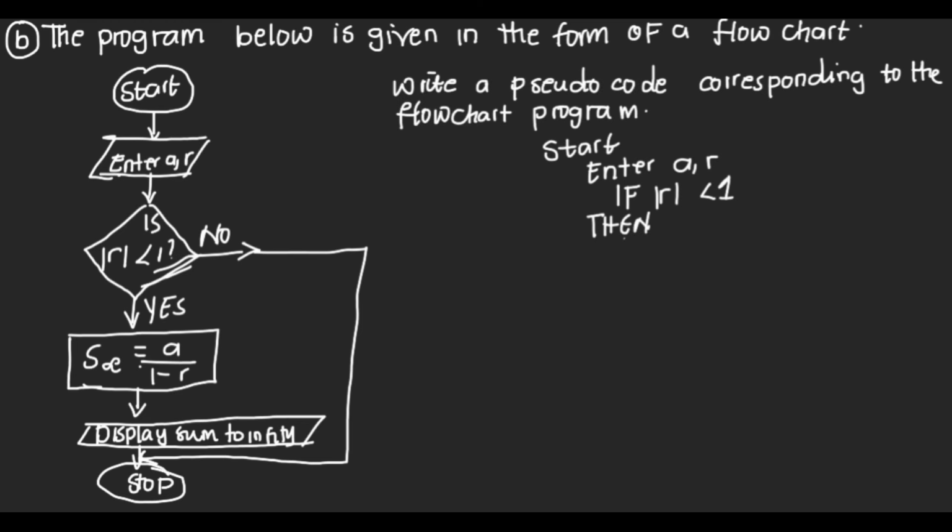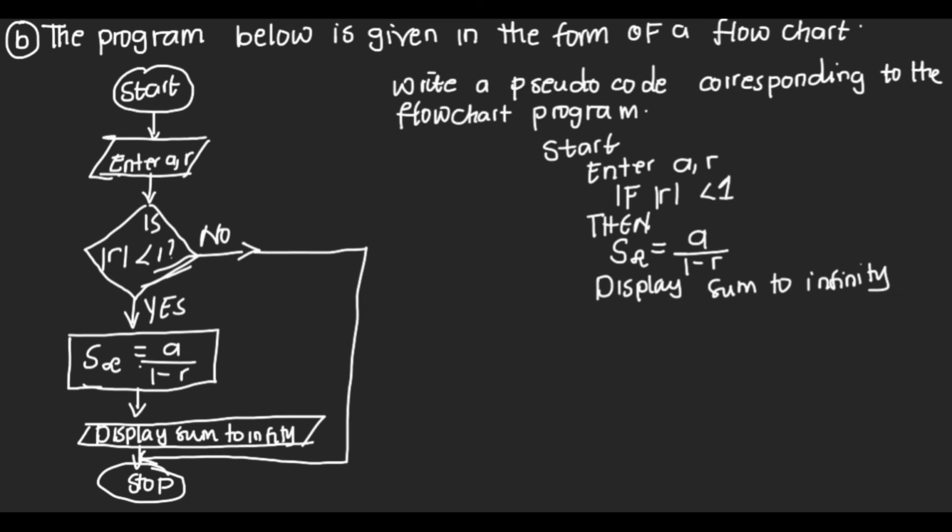We'll say calculate. We have been given the formula: sum to infinity is equal to a over 1 minus r. Then what are we going to do? Display sum to infinity.